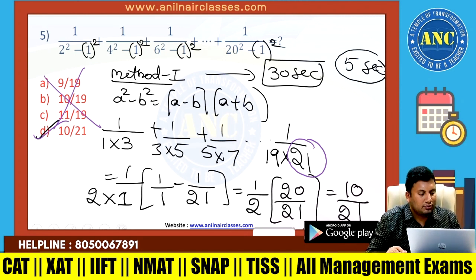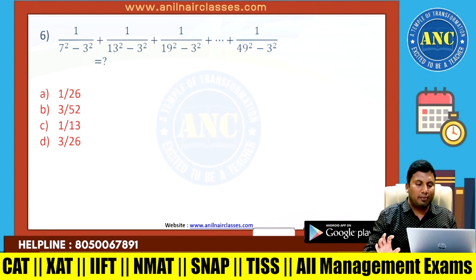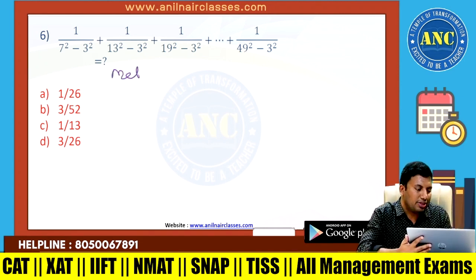Next one. Now see here, 1 by 7 square minus 3 square, 1 by 13 square minus 3 square, 19 square minus 3 square, 49 square minus 3 square. Method 2.